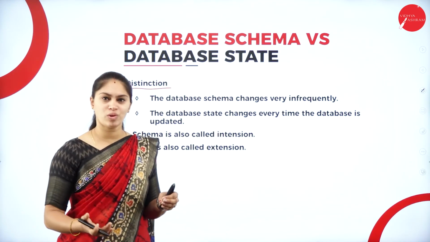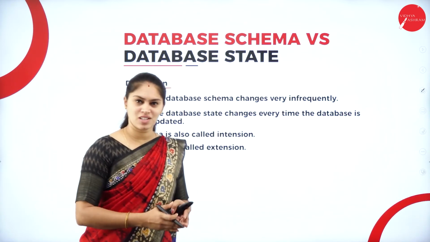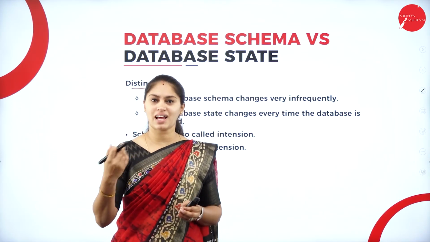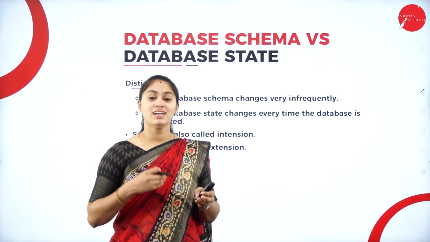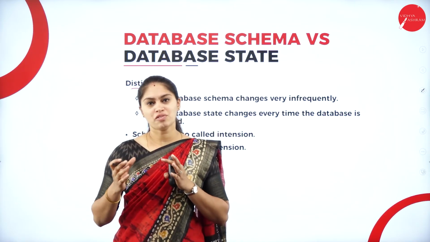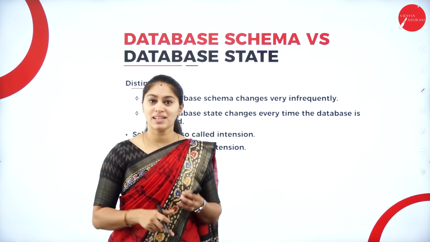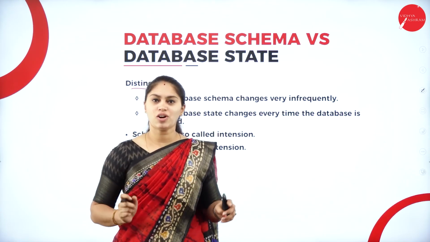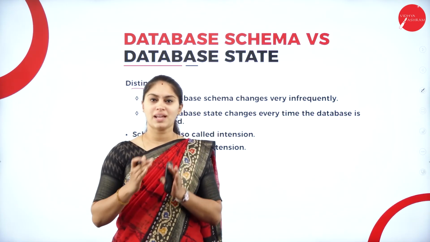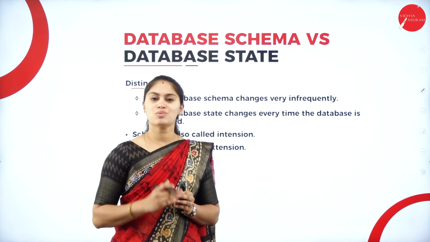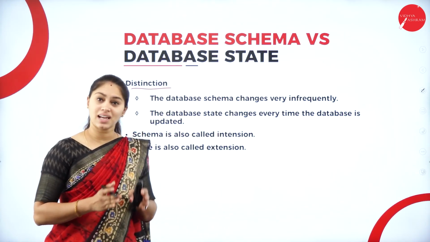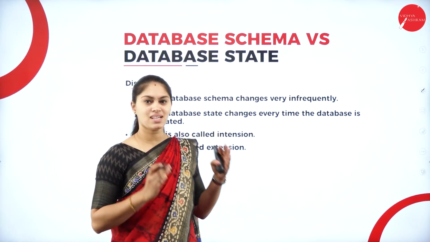But what about students? This year some students will come and sit there, and by next year another batch of students will come and sit there. That means changing of the database state can take place frequently, but changing of the database schema should not take place frequently. That is the distinction between the database schema and the database state.